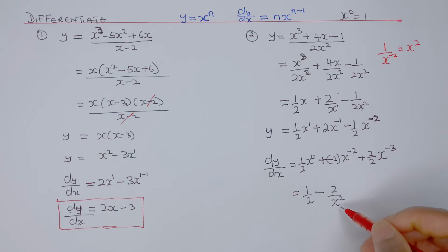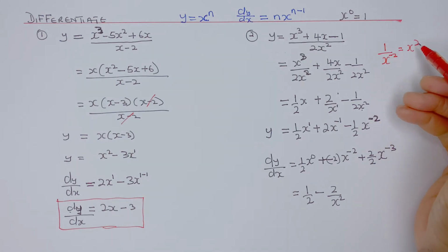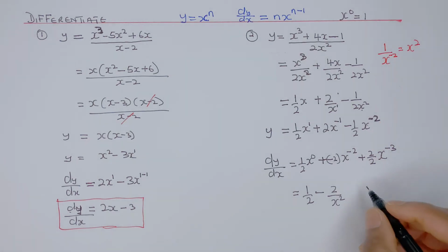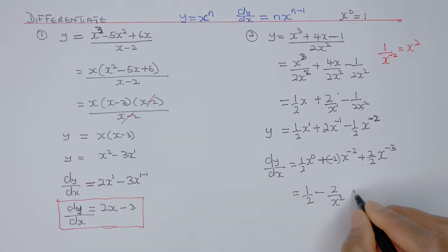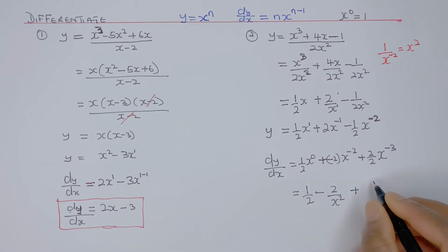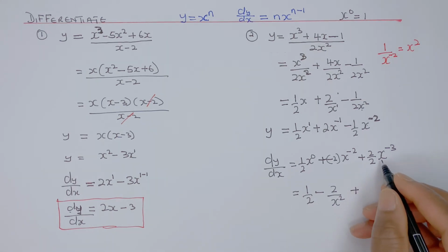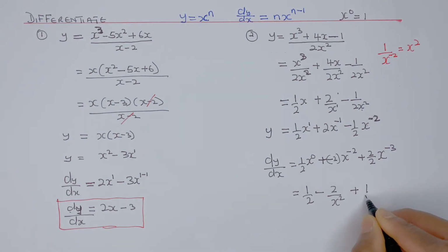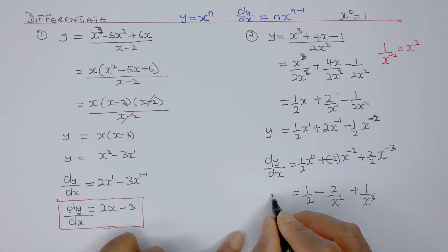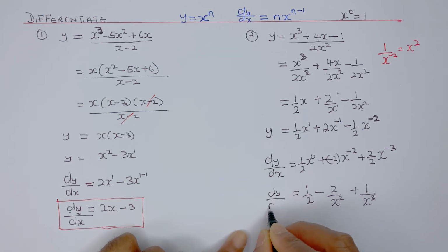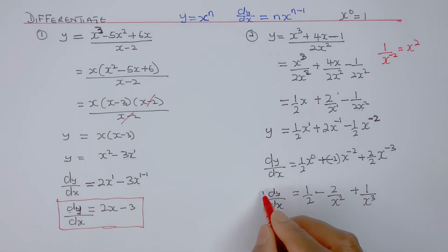And this one here will be plus 2 over 2 is 1, and then you get 1 over x to the power 3. So that's indices being applied there. And that's the answer, that's dy/dx. And that's the final answer.